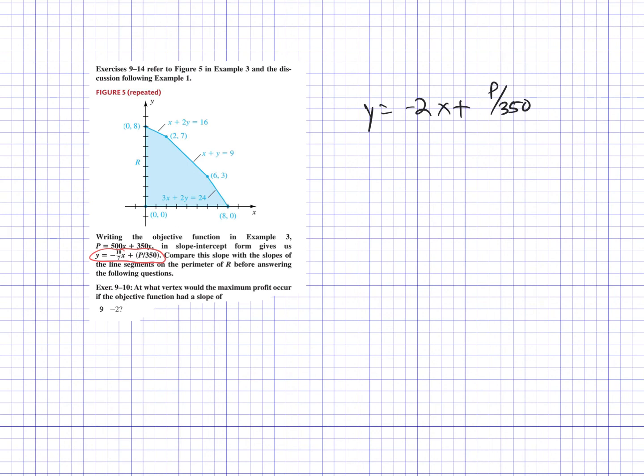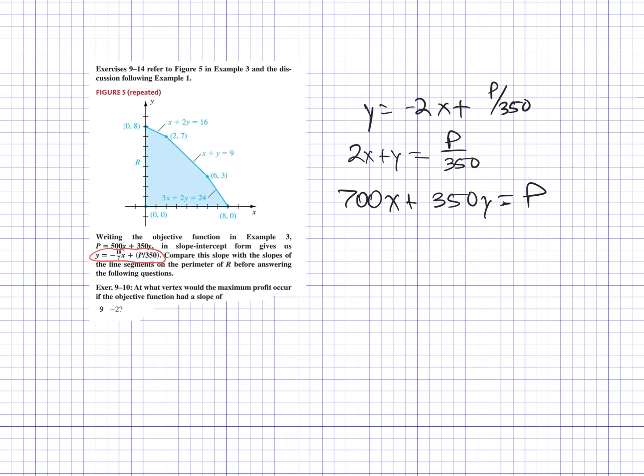So let's add 2x to the left and then multiply everything by 350, and we'll see what we get here. So 350 times 2 is 700, and 350y equals p.